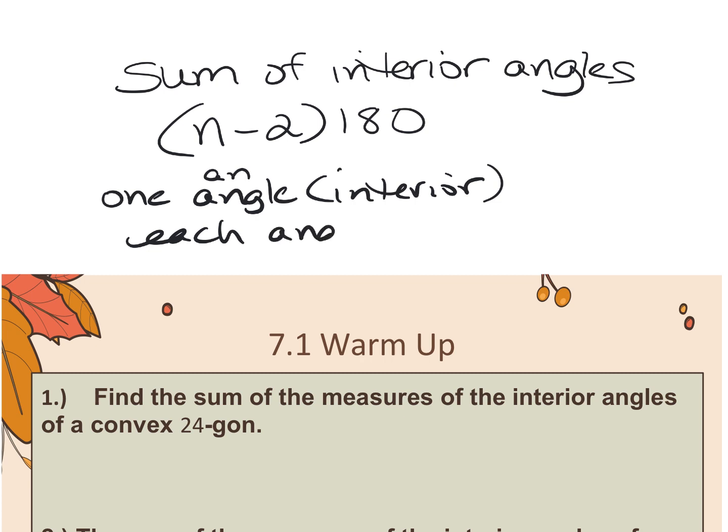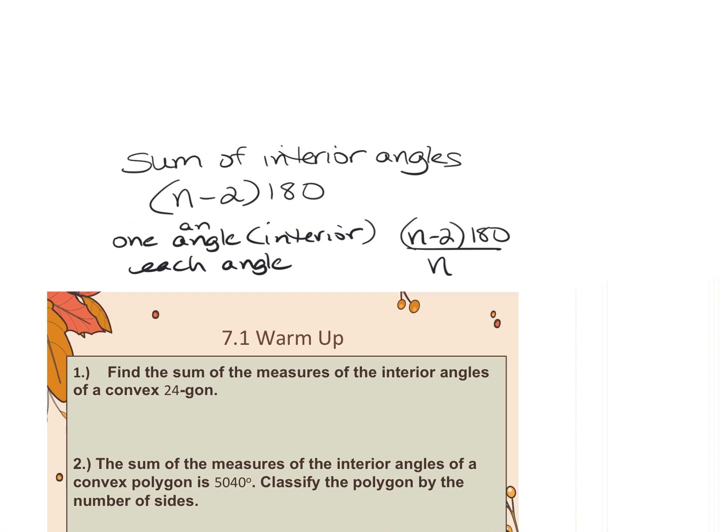So when it wants you to find one angle that's in the interior, we're using the same formula, but we're going to add one more step to it. We're going to divide that sum by n. So these are 2 of the formulas you need to memorize.